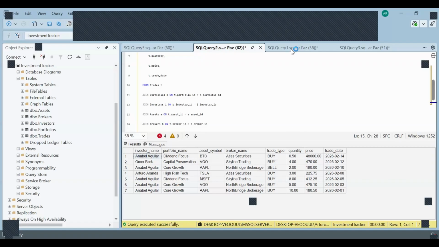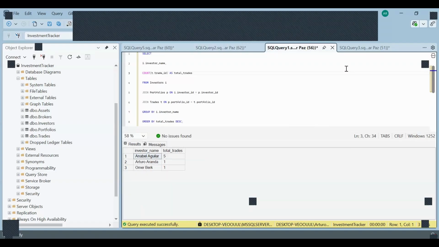Then for our second query, we demonstrate an aggregate function combined with a group by clause. In this query, the count function calculates the number of trades associated with each investor.